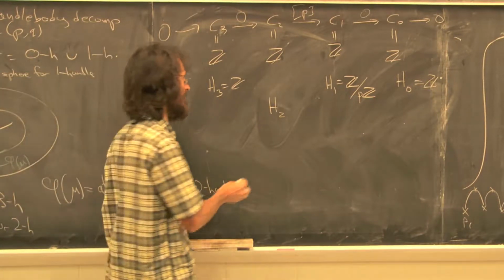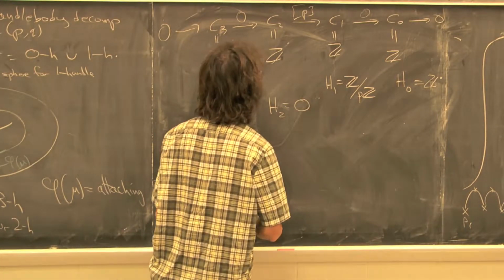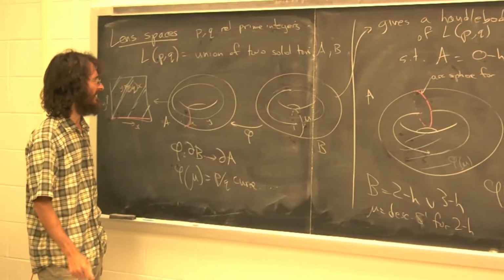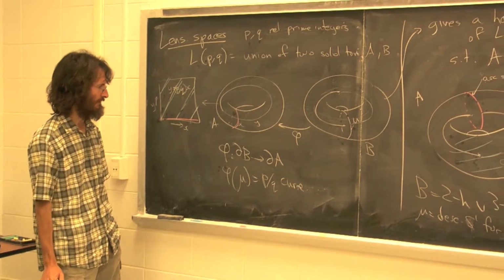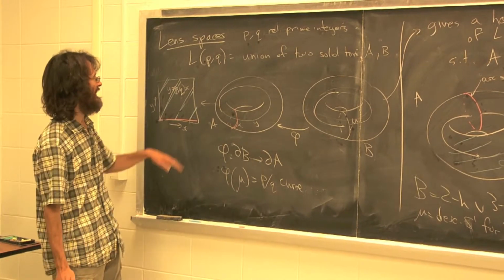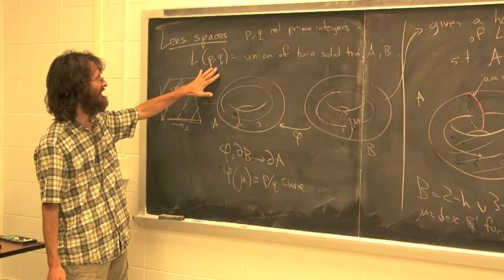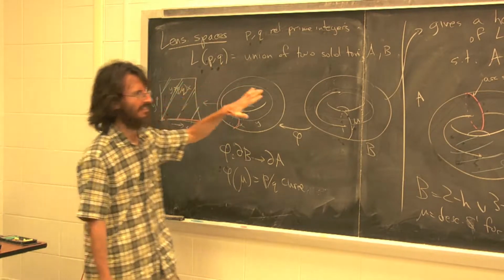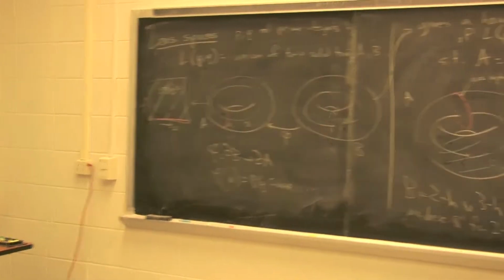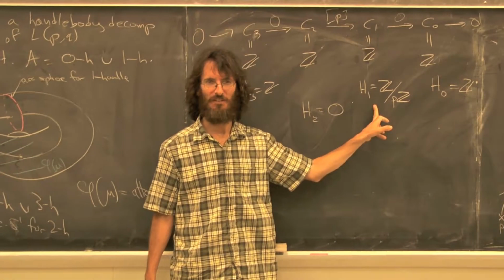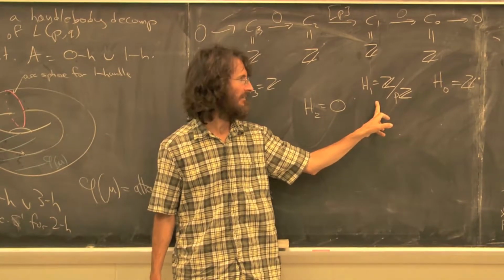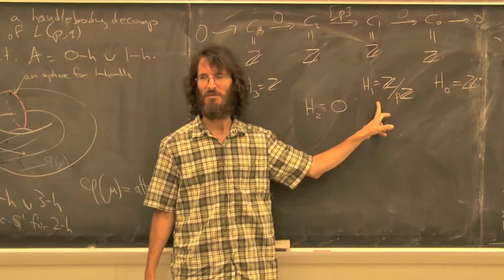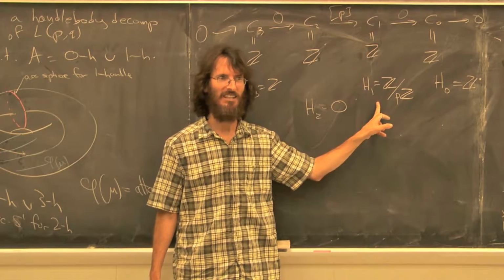Everything goes to something non-trivial, so H2 is 0. The interesting thing about this, if you haven't learned this before, is that pi 1 is Z mod p. Hard to figure out. There are things that would be really nice Z mod p that are not Z mod p. In this case, it's just that.